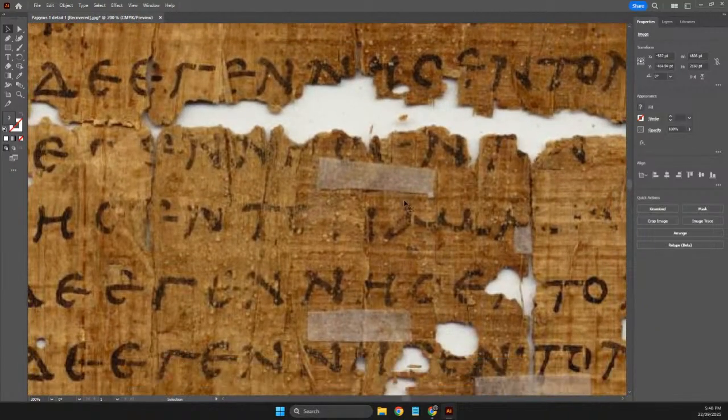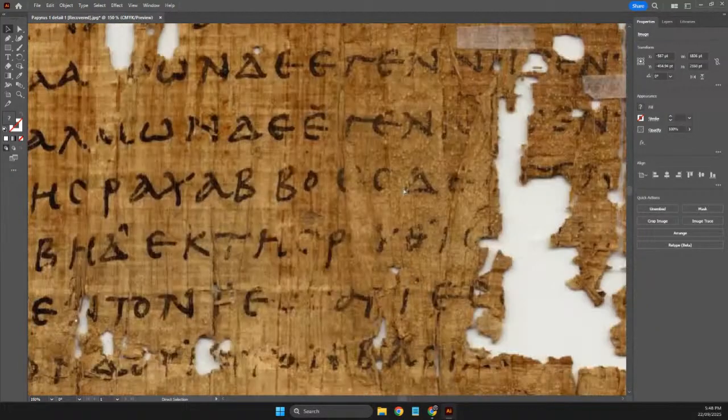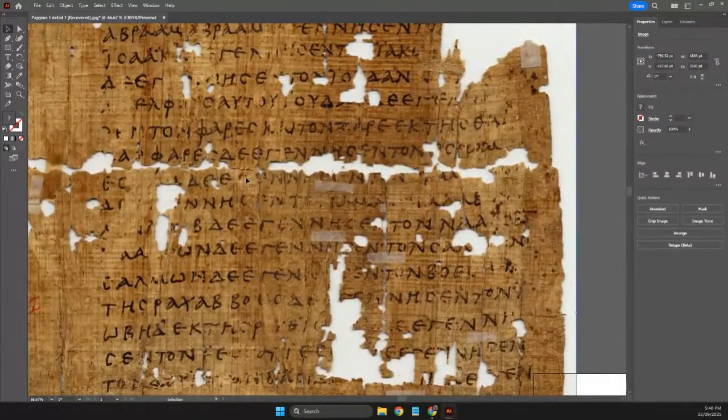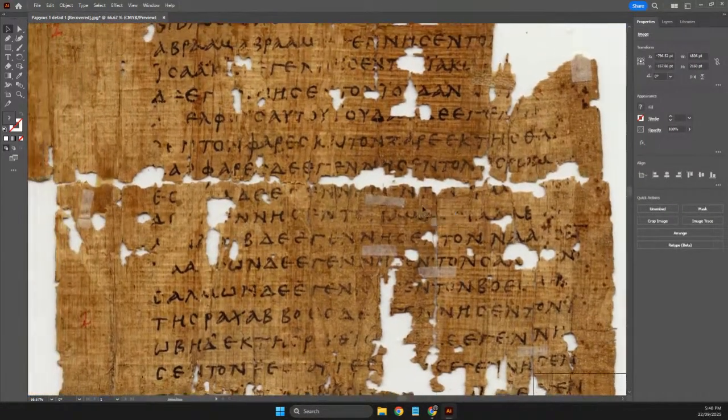Now, I will make that a little bit smaller. And it looks like there's a huge fold in the middle there where it's all sort of fallen to pieces. Now, these dots here, they do seem like ink dots.